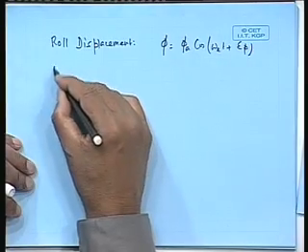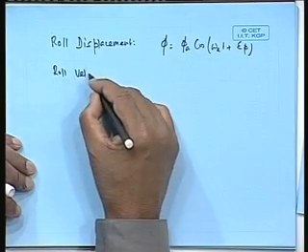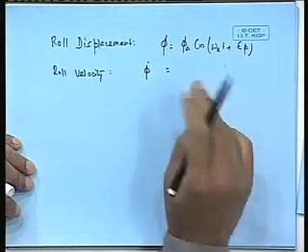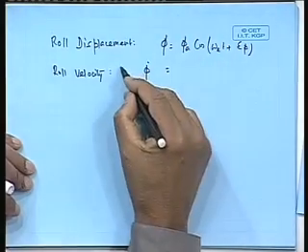Now what is roll velocity? It is going to be phi dot, that is d phi by dt.